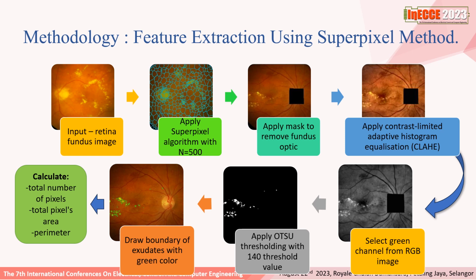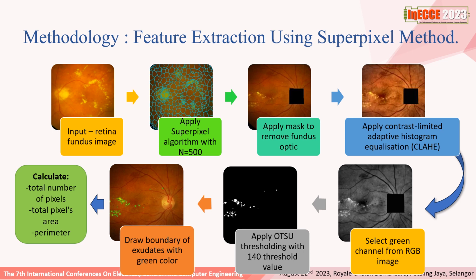These are the processes that we have done to extract exudate from the fundus image. First, the Superpixel algorithm is applied to the input image with n equal to 500. Then this value is varied to 900 and 1500. After that, we mask the fundus optic area, then apply contrast limited adaptive histogram equalization, or CLAHE.